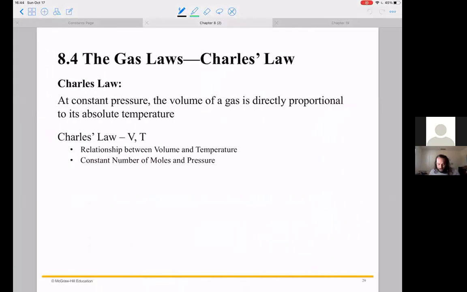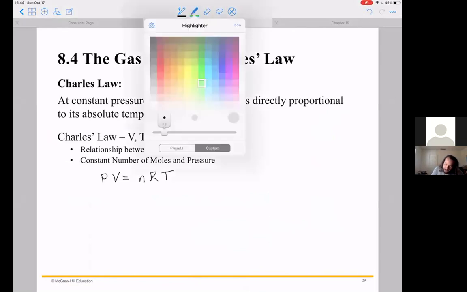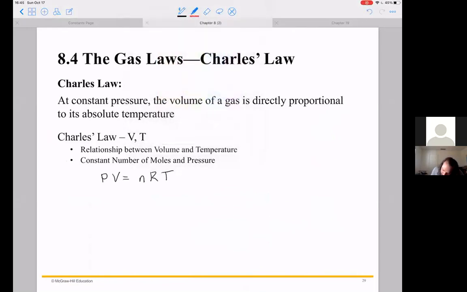Let's derive this equation mathematically. We're again going to start just like we did before, PV equals nRT. What's being varied is the volume and the temperature. The pressure and the number of moles, and of course R, are all being held constant. So then we want to isolate our constants onto one side.